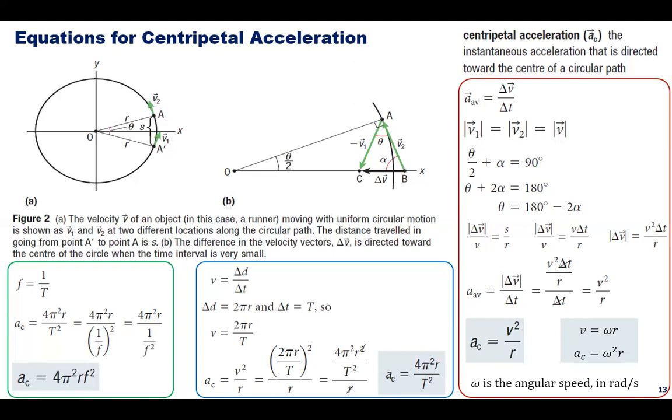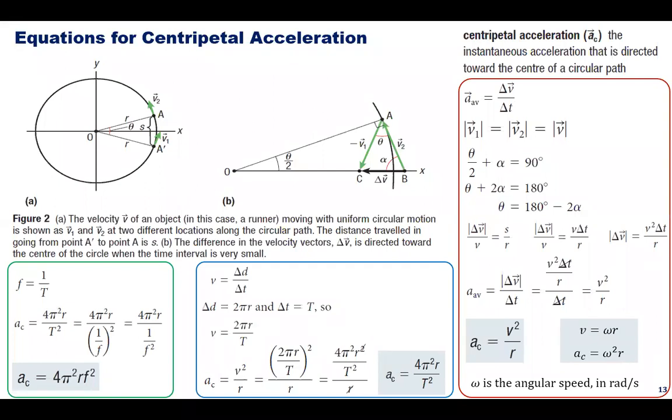So the magnitude of the average acceleration equals the magnitude of the difference in the velocities, delta V, divided by delta T, right? So the average acceleration, A average, equals the magnitude of delta V over delta T, which is given by V squared delta T over R, then over another delta T. We can then cancel the delta T, which gives us the magnitude of the average acceleration in the uniform circular motion.